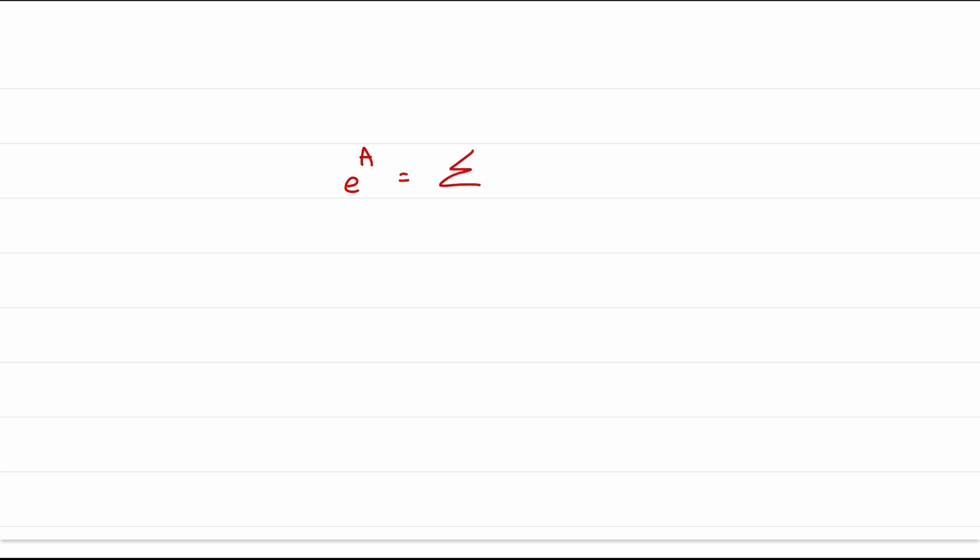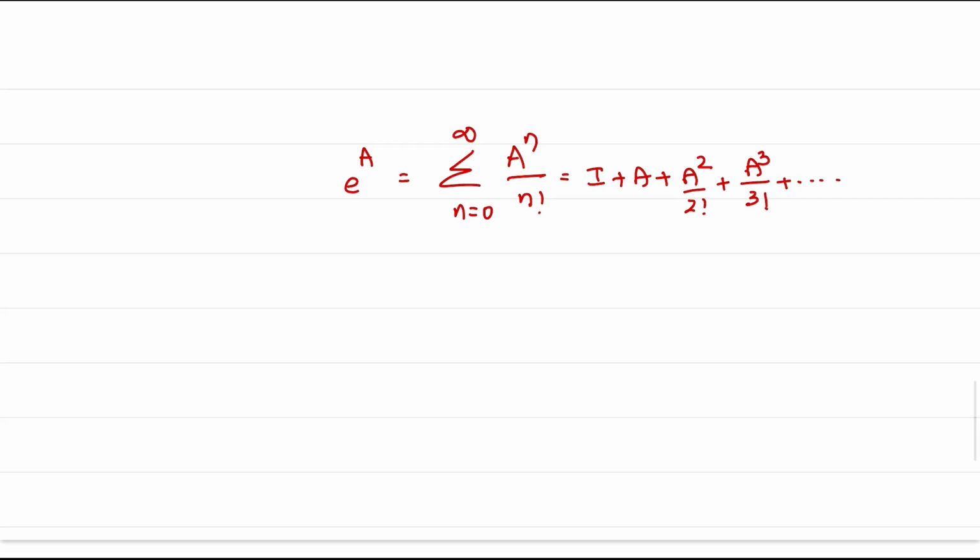Then I thought it will be prudent for me to give an introduction of this. Ultimately, I will conclude with the formula e to the power of A is equal to sigma n is equal to 0 to infinity A to the power of n by factorial n, that can be written as I plus A plus A square by factorial 2 plus A cube by factorial 3 and so on.